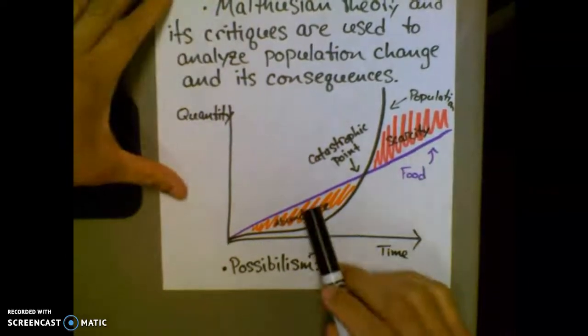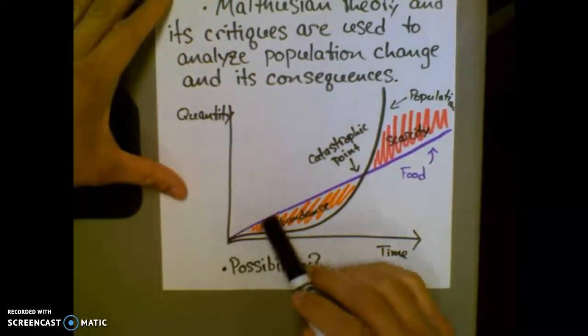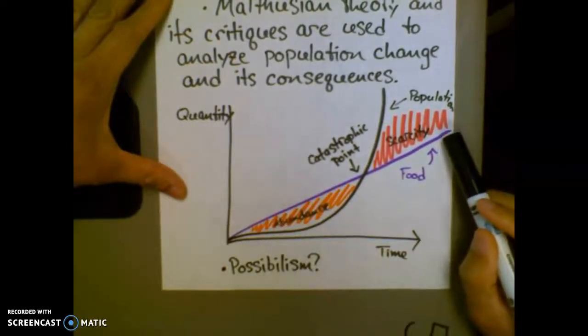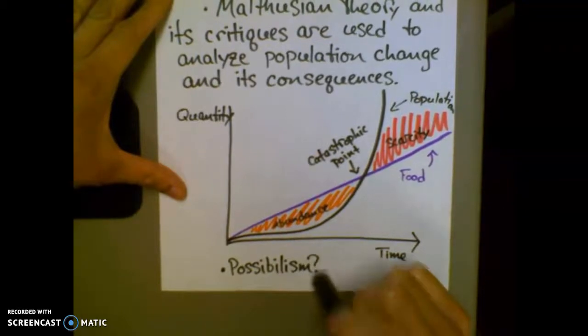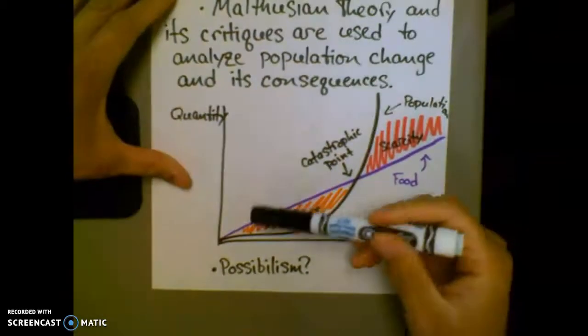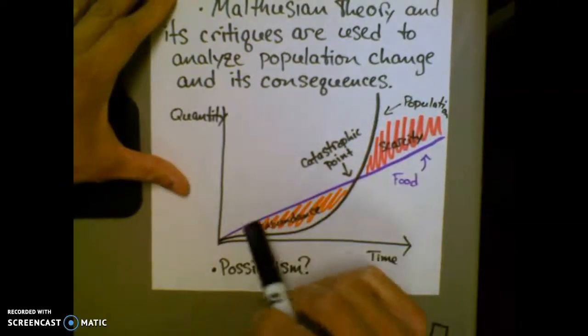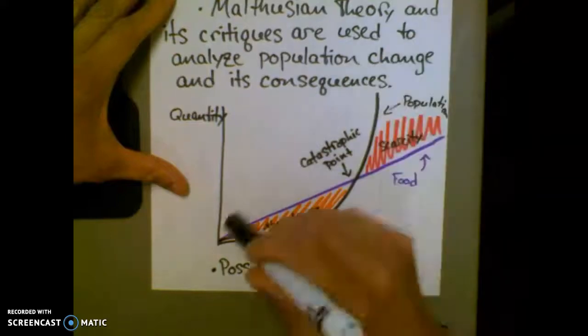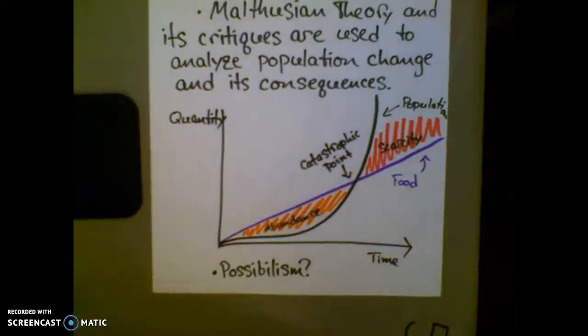This is what he didn't understand in the 1700s, that the food supply doesn't necessarily have to go in this linear straight path. We have ways today, which we'll learn about in a whole unit on agriculture, how humans have been able to take the food supply line and make it almost mimic the population line, so that there actually is enough food for everyone.